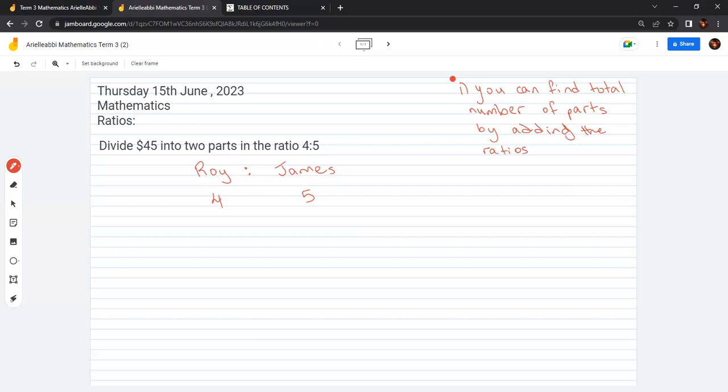So that means the total number of parts will be 4 plus 5, which is 9 parts.